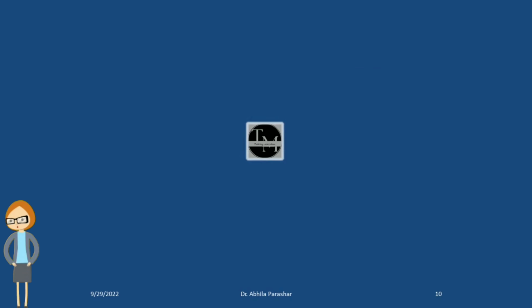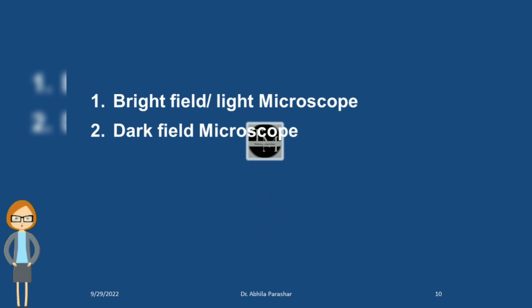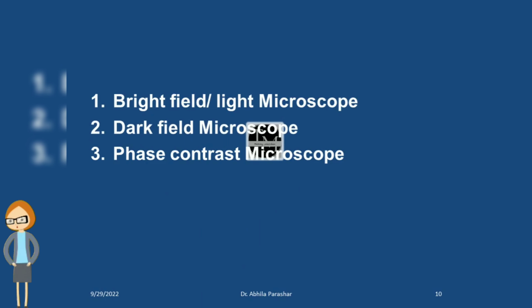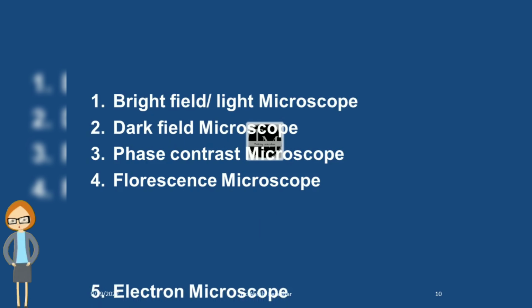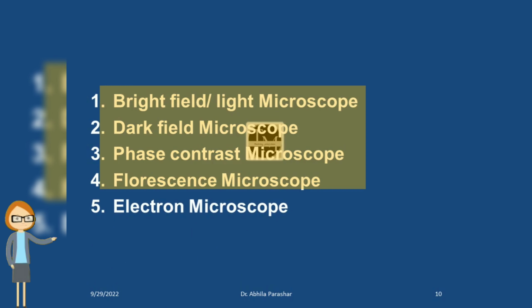Our first microscope is the bright field microscope. Second is the dark field microscope. Third is phase contrast, then the fluorescent microscope, and finally the electron microscope. The first 4 microscopes belong to the light microscope group and the last one is a non-light microscope.